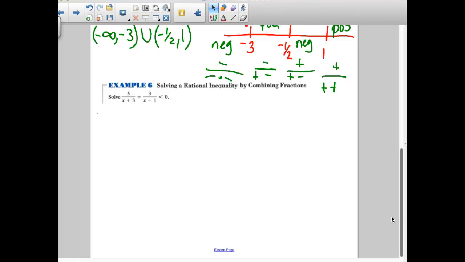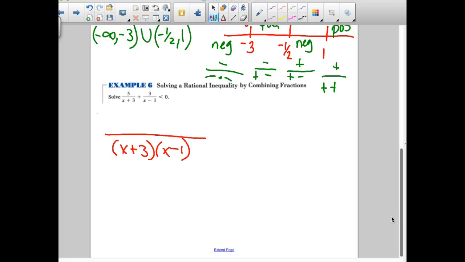So what we're going to do is we're actually going to get the two fractions on the left combined into a single one. This is why we reviewed that thing at the very beginning of class today, getting a common denominator. So what would our common denominator need to be? 2 on the bottom, multiplied together. Okay. So what factor is the first fraction missing? x minus 1. So we're going to take 5 times x minus 1. Okay.